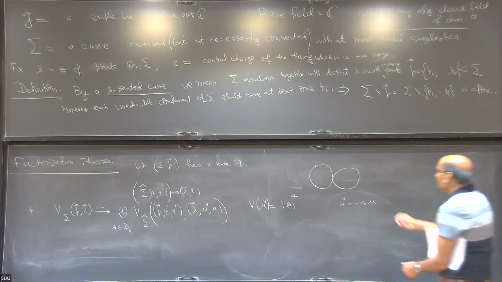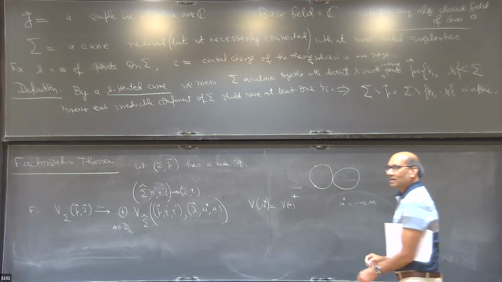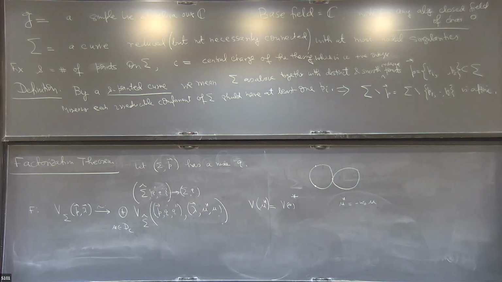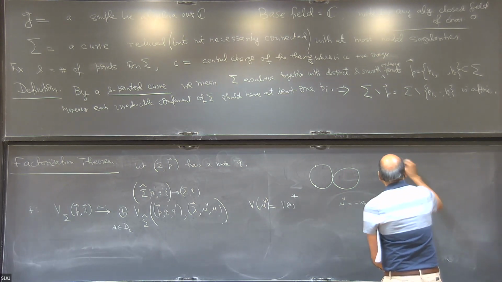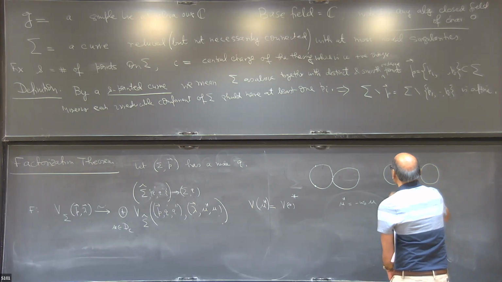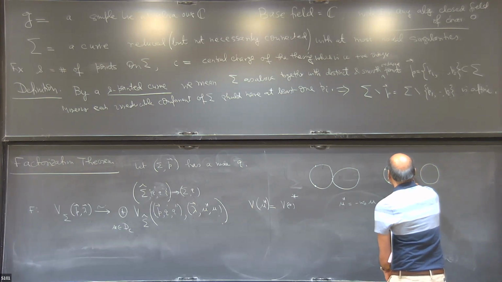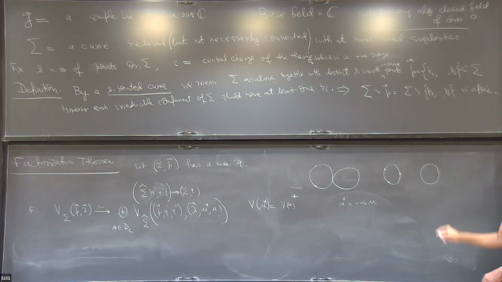Okay. And I will create a node here, right? And then I will normalize. So now I'm going to get a disjoint union of 2 P1s. Now I have got 3 points here, and I have now 1 million minus 1 points there. And again, I keep on doing that. So eventually, you will have to do the calculation only on P1 with 3 points. That's all you will have to do.